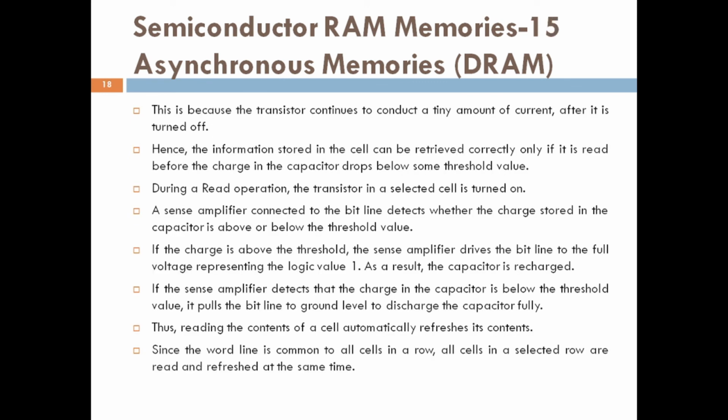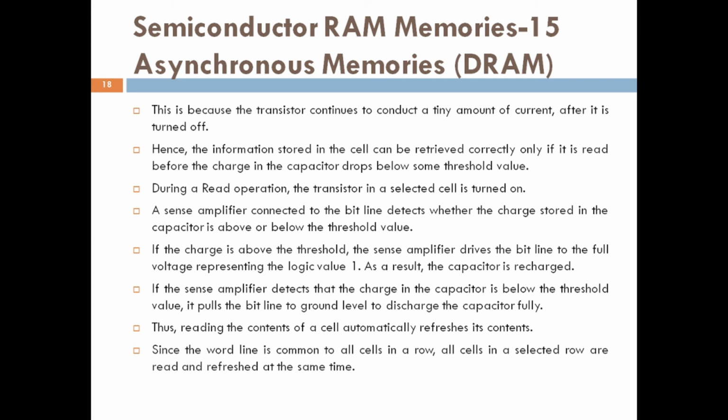This is caused by the capacitor's own leakage resistance and by the fact that the transistor continues to conduct a tiny amount of current, measured in picoamperes, after it is turned off. Hence the information stored in a cell can be retrieved correctly only if it is read before the charge on the capacitor drops below some threshold value.